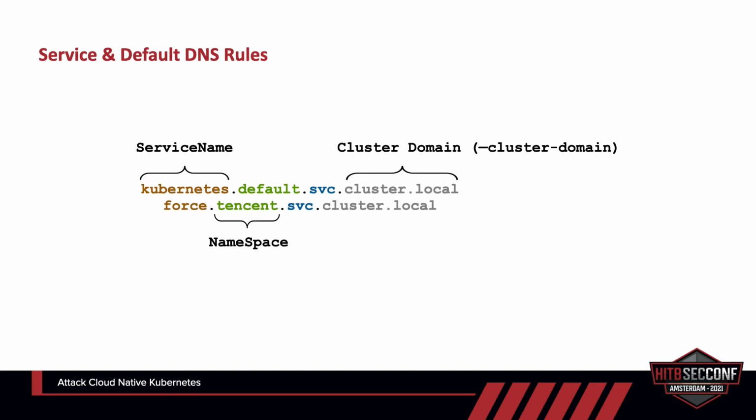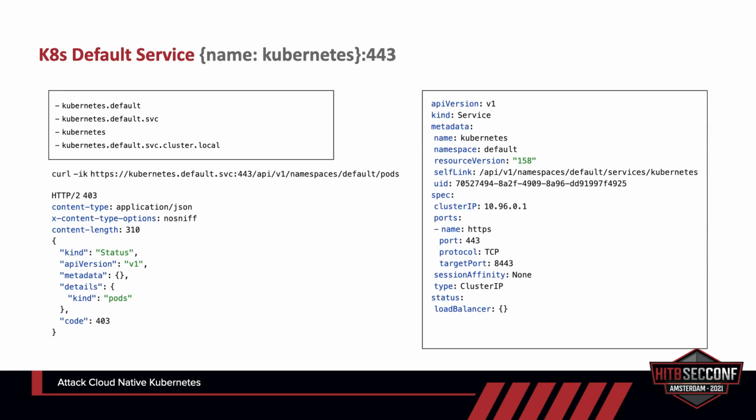When I create a new namespace named Tencent and then create a service named Force, the following DNS record will be generated. You can refer to the YAML config file used to create the service on the right side. This YAML file comes from the K8s default service named Kubernetes. The four DNS records on the upper left all point to this service.